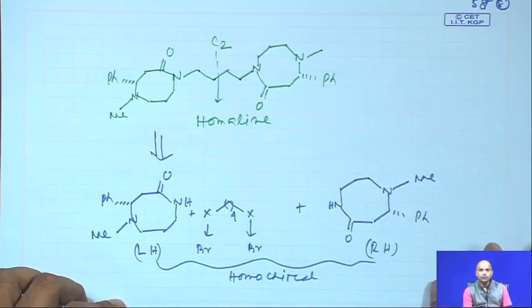So, C2 symmetry in that way is very useful, and in nature you will normally find more C2 symmetric compounds than sigma V containing compounds, because nature always prefers homochirality. In the case of sigma V, if the molecule belongs to sigma V, it means that two heterochiral halves have to be fused, because we have a mirror plane of symmetry which bisects it into two enantiomers. So, that is a heterochiral half.